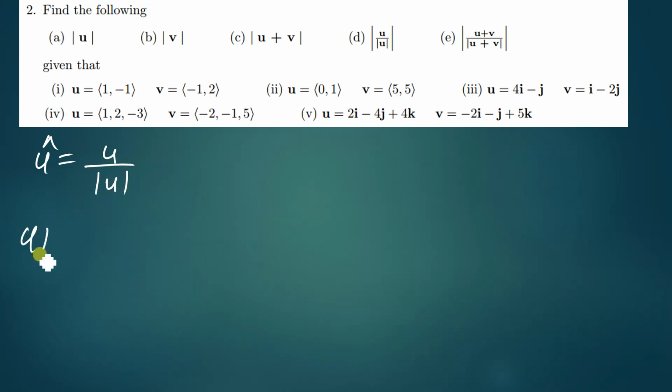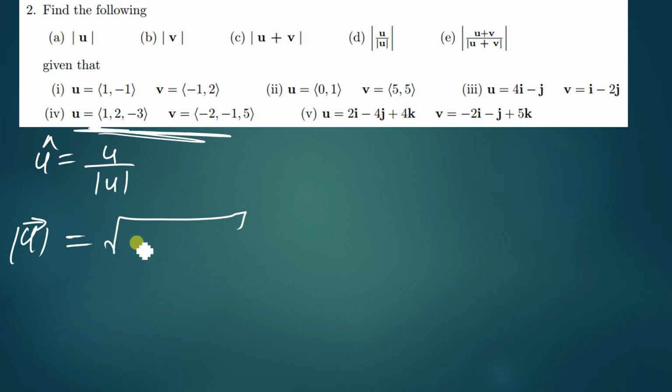So the magnitude of u, we found it already, but I'll do it for the sake of understanding. Let me just pick any set here. So I'll pick this set. If I pick number 4, the magnitude of u will be the square root of 1 squared plus 2 squared plus negative 3 squared.